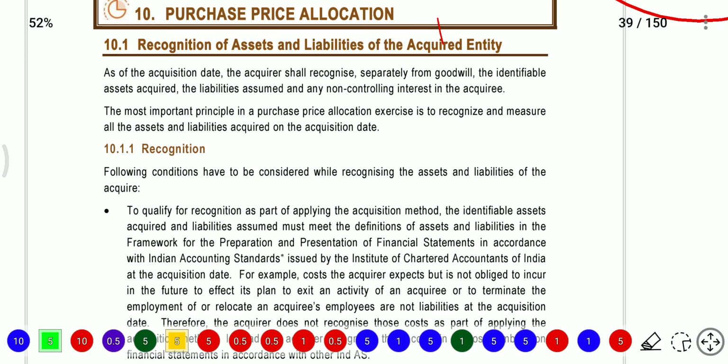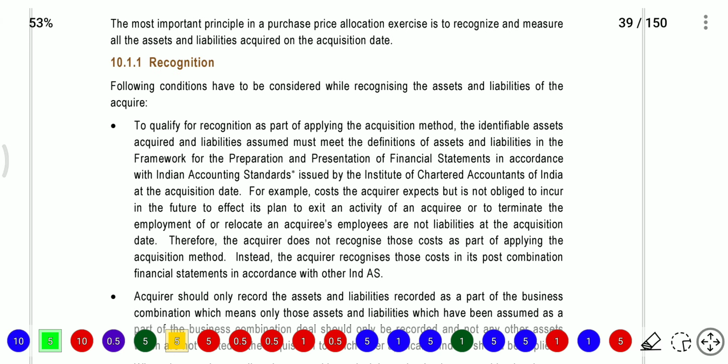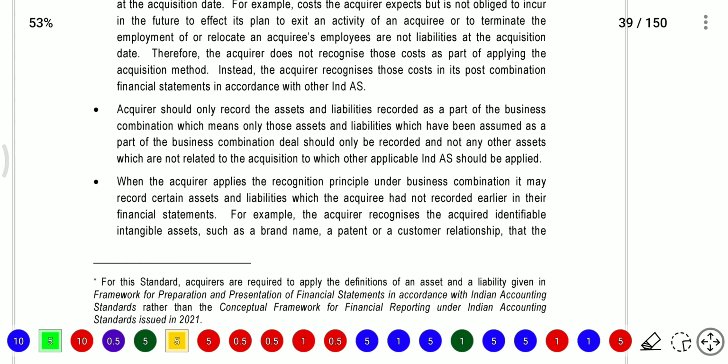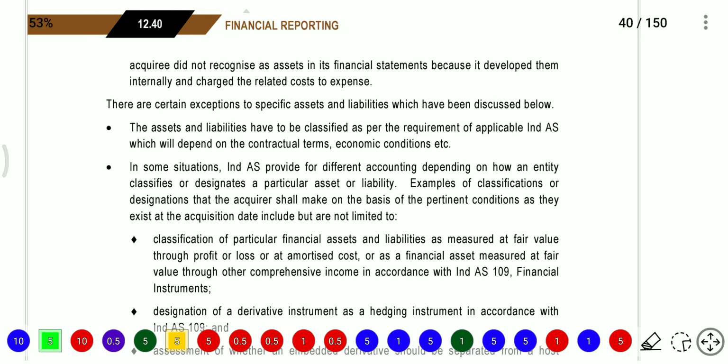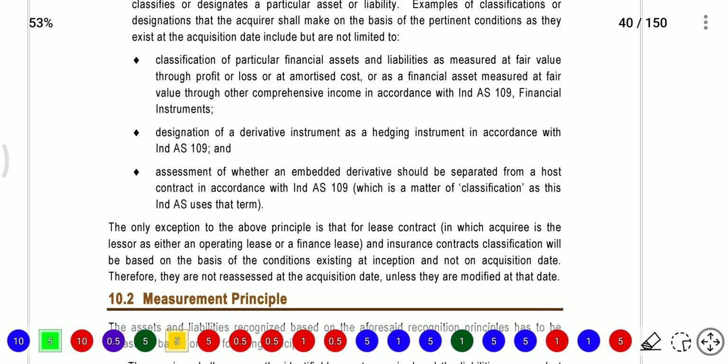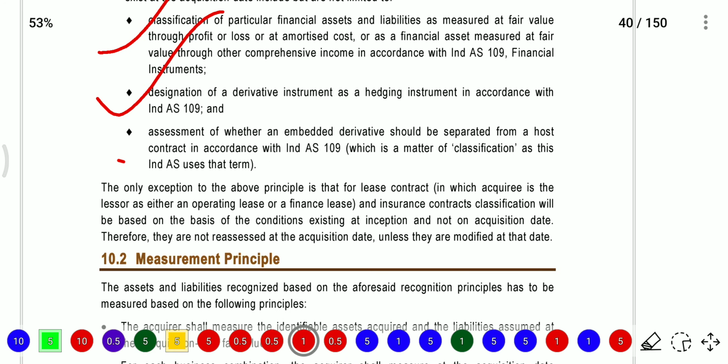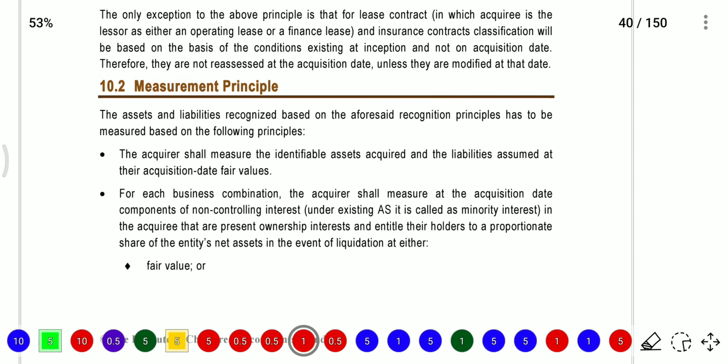For that recognition we will qualify which items we will include, how we can consider and calculate them, how we will classify these items, designation of derivative instruments, and assessments. Some measurement principles are provided for this assets and liabilities recognition.